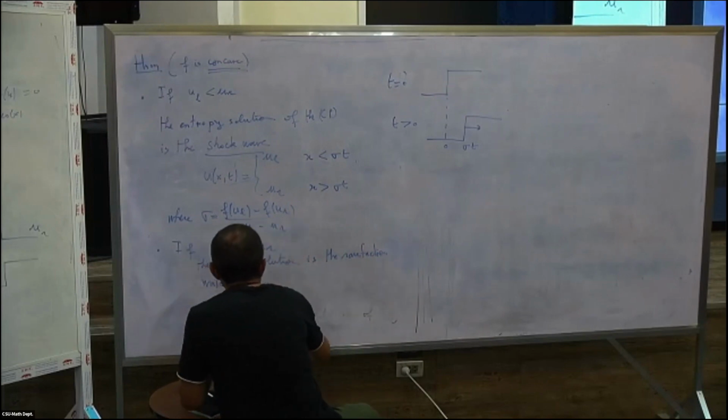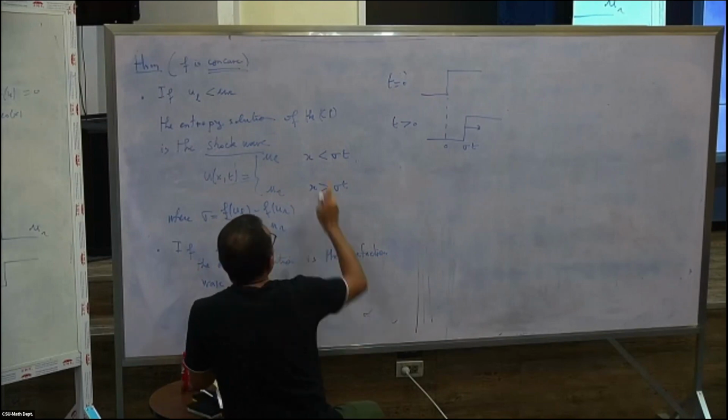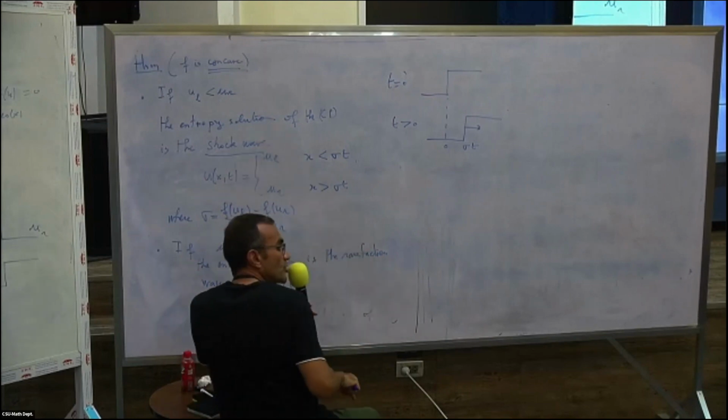So what is the rarefaction wave? It's something like solution number 3.